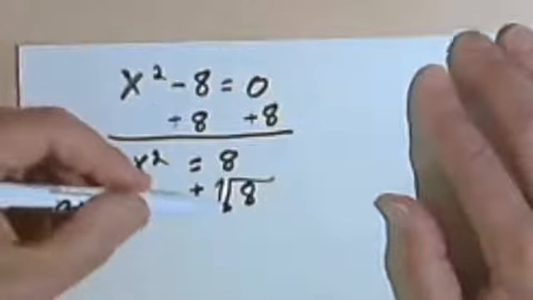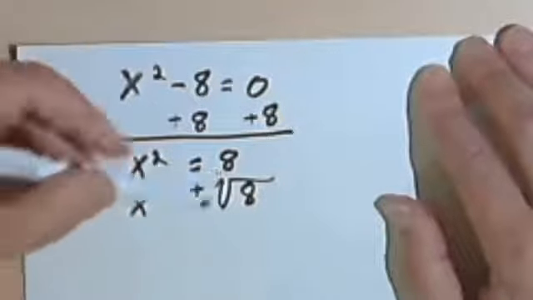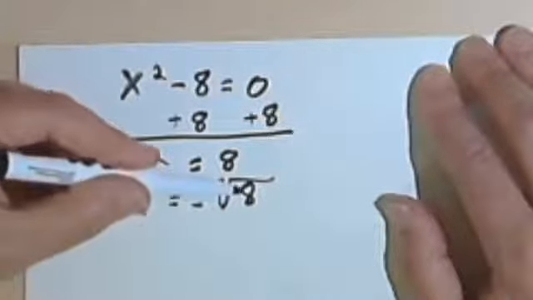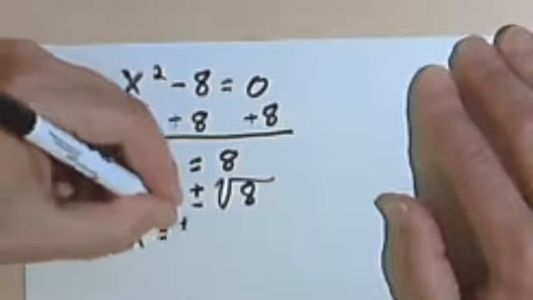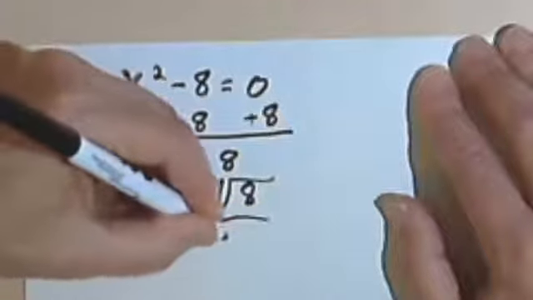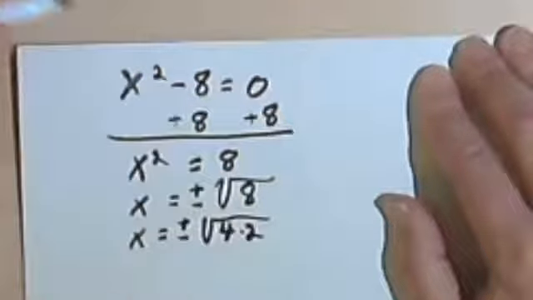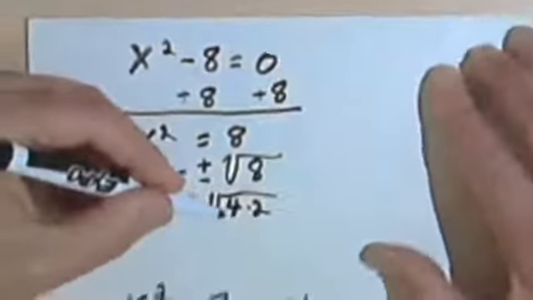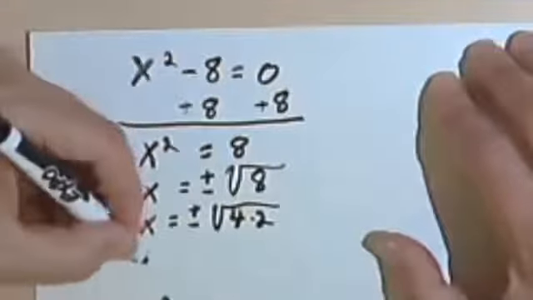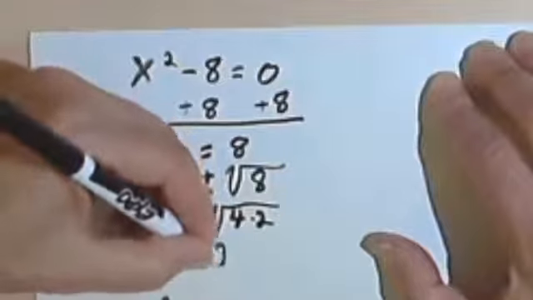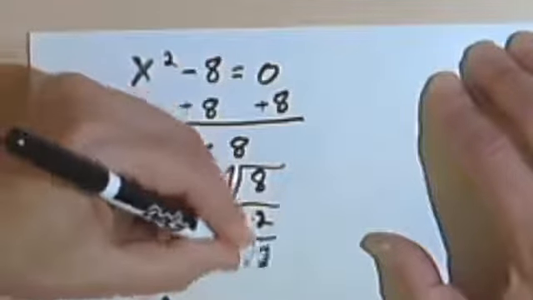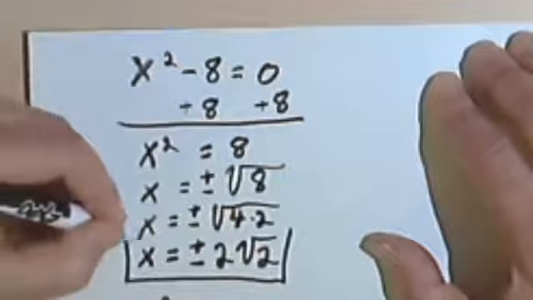Now we're not done because we have to simplify this radical. And I know that 8 is 4 times 2, and 4 is a perfect square. So I'll have x equals plus or minus the square root of 4 times 2. And then I'll just pull out the square root of 4. So I'll have x equals plus or minus 2 times the square root of 2.